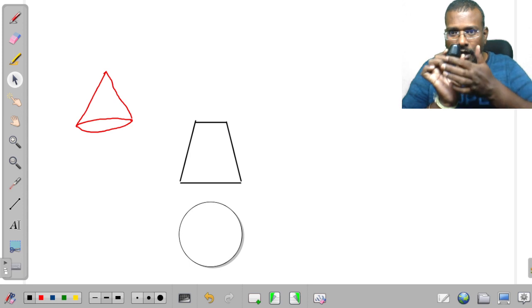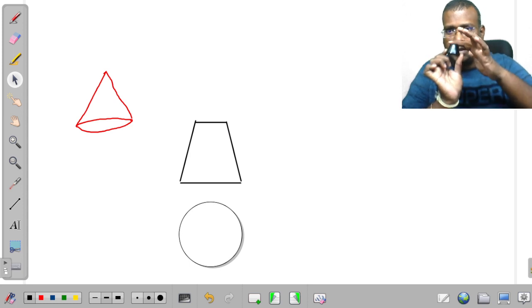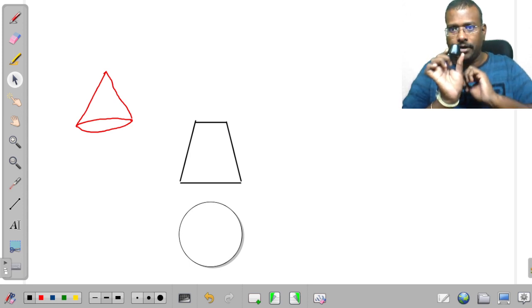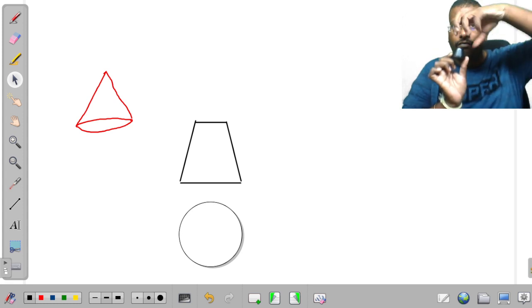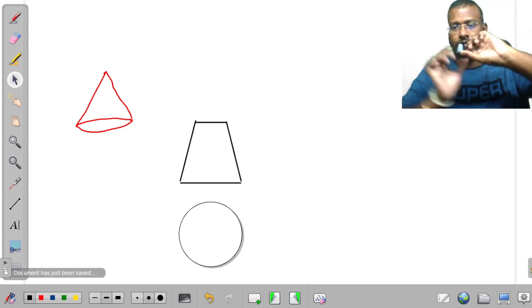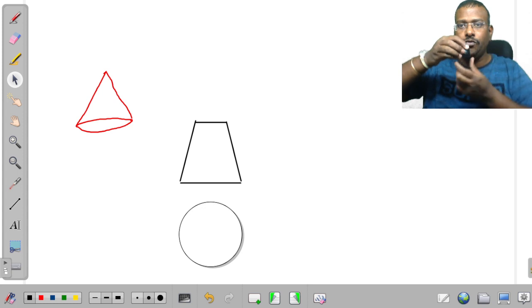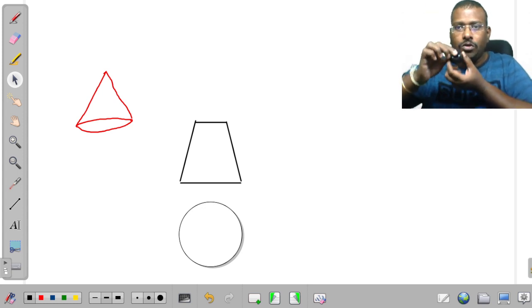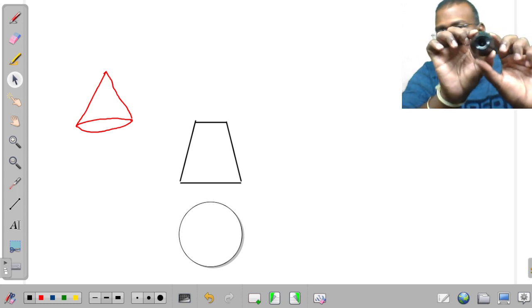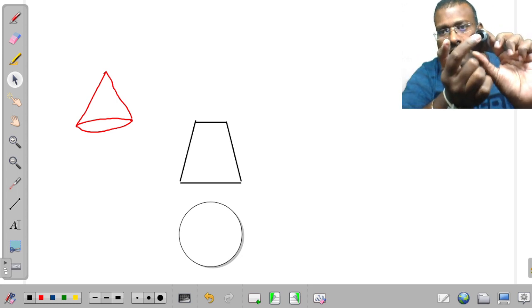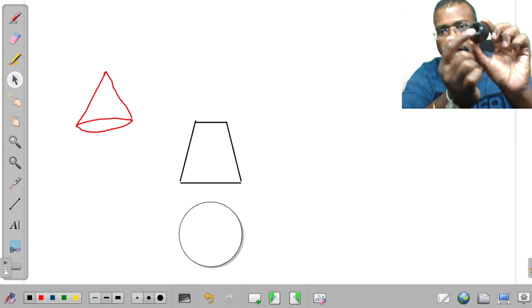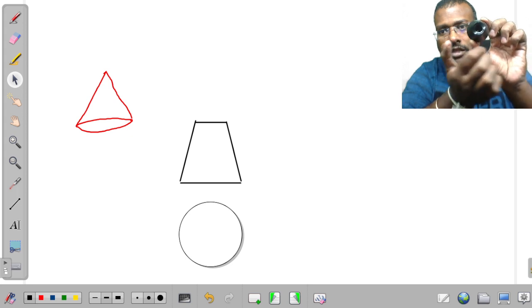Am I right or not? Bottom it appears as a straight line, top is a straight line, and here it is tapered. But once you observe from the top, after removing the top portion, you are going to get a smaller circle as well as a larger circle.